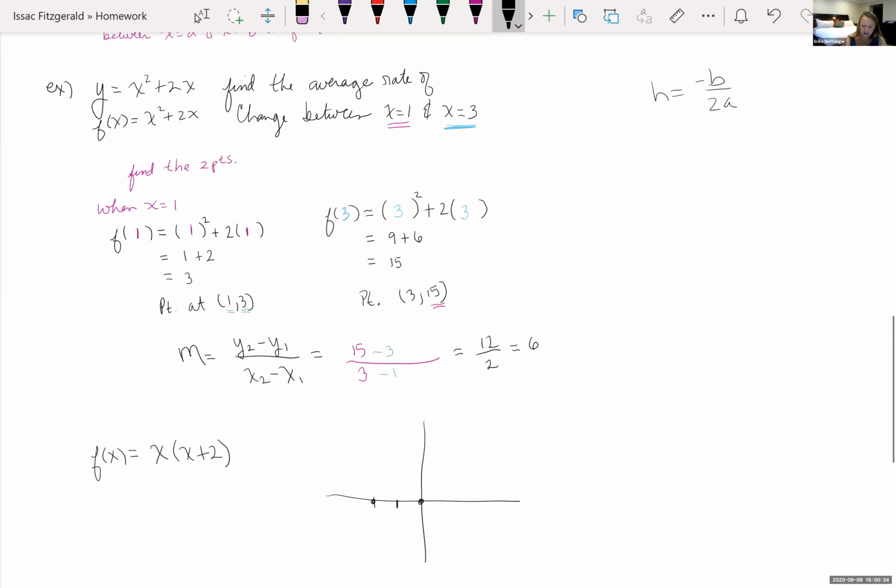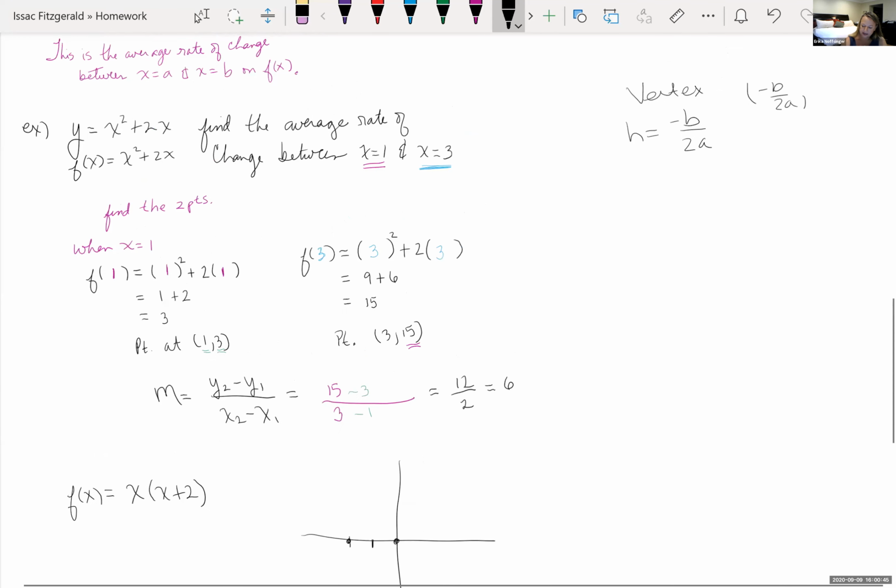Vertex formula, you really don't need to know this right now, but it's -b over 2a and f of -b over 2a. So my b value, my function's b, is 2.